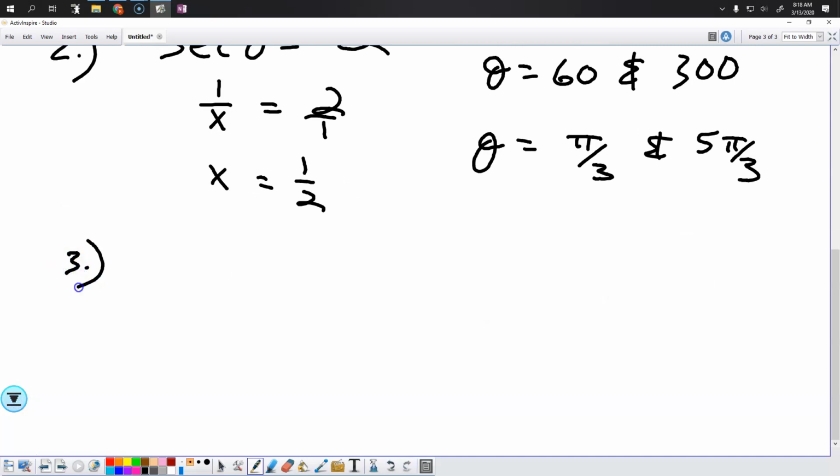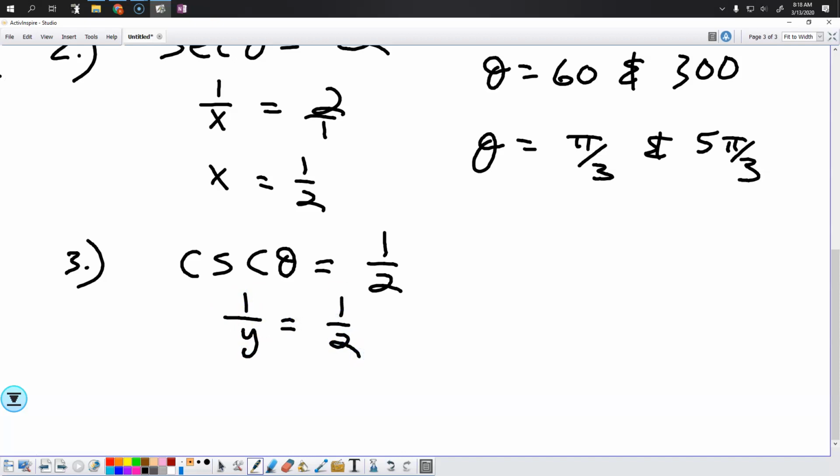All right, number 3. How about cosecant of theta equals 1/2? So what is cosecant again? 1 over y.